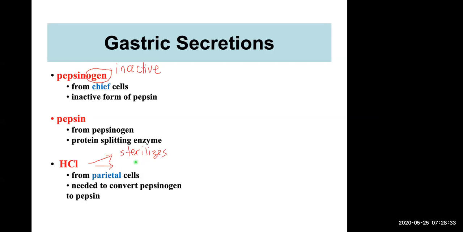It also helps to denature or break down proteins. Okay, all right, so it just produces this very sterile environment. All right, and so now that we have hydrochloric acid, we have successfully converted pepsinogen into pepsin, and pepsin's job is to break down proteins. So this is going to perform protein metabolism.